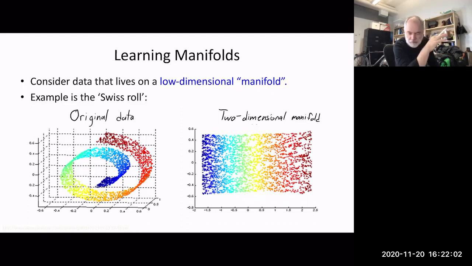We'll return to this in just a second. If you think about the example of the A images that live in a 700 and some odd dimensional space that we looked at the other day, where they were rotated and scaled, I said something about manifolds there, which I said that this entire data set, this entire space of rotated and scaled images, can be described by 2 numbers.